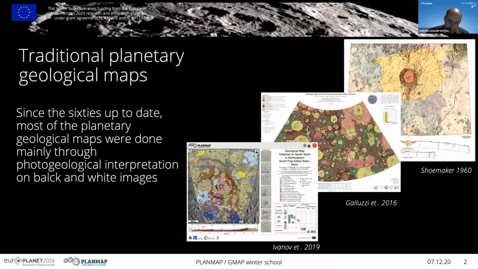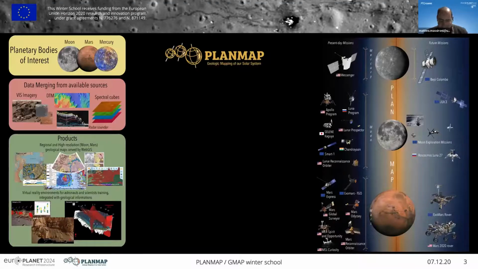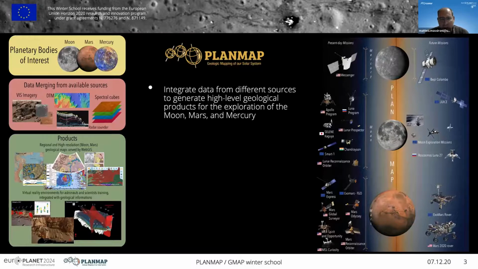So we started a European program, H2020, that has the aim to integrate data from different sources to generate a high-level geological product for the exploration of the Moon, Mars, and Mercury.